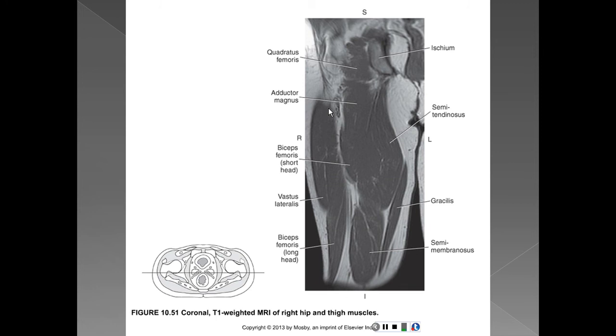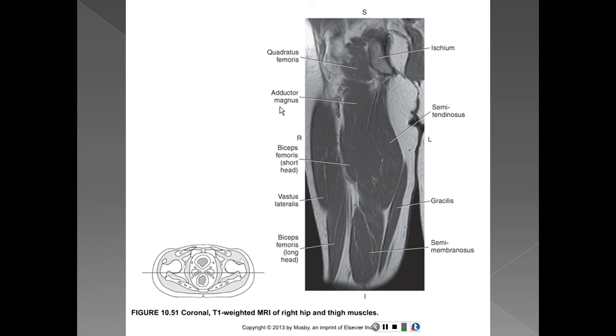So the muscles of the medial thigh compartment, adduction is the primary action of the medial thigh muscles. These muscles include the gracilis, the pectineus, the adductor longus, adductor brevis, and the adductor magnus muscle. So all these muscles are called adductors because they adduct the thigh, or bring the thigh back into midline with the body.